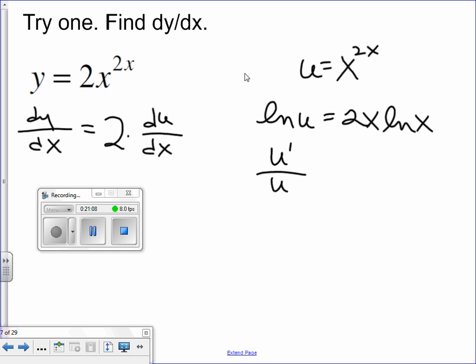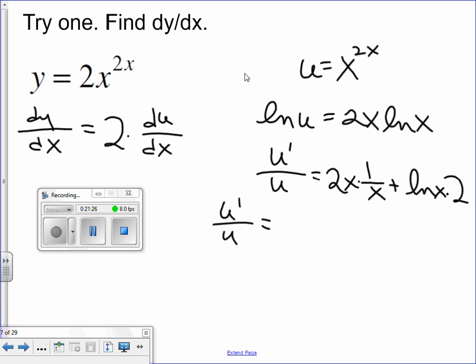All right. What about on the other side? Times 2. Let's clean that up a little. So we have u prime over u equals, what about that first term? 2, right? And I'm going to write that as 2 ln of x. That looks better.